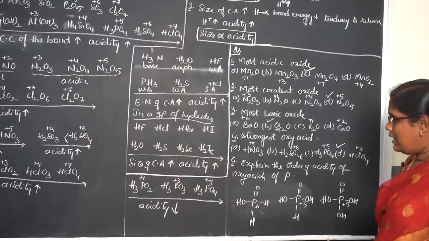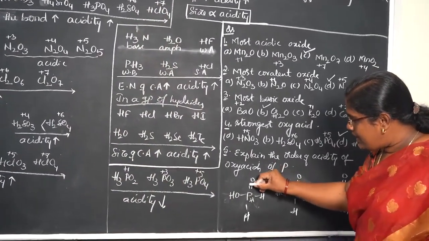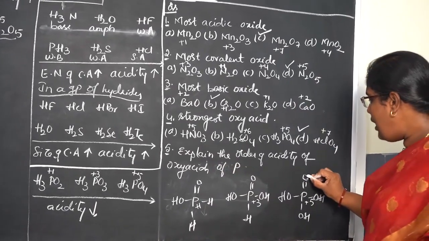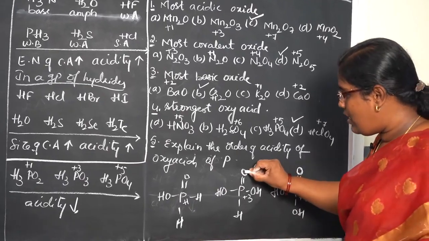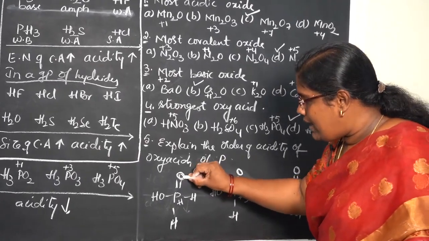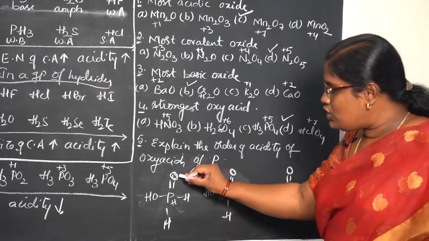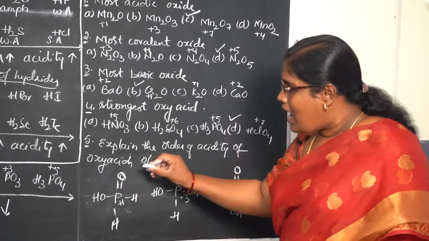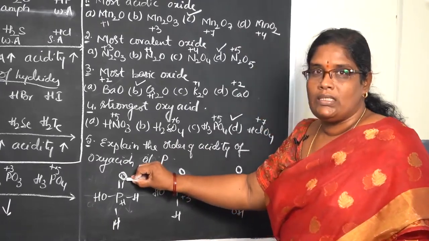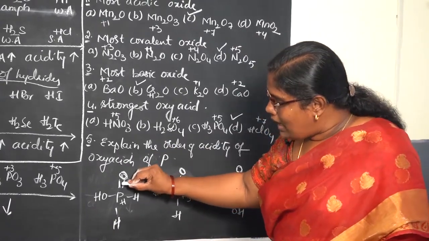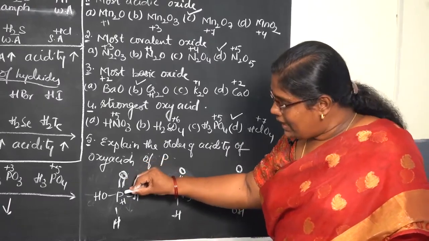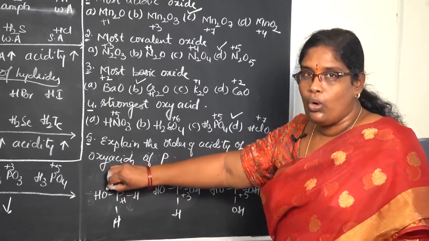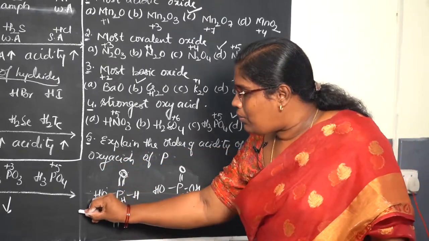The entire acidity is decided by the unprotonated oxygen, which is not in the form of an OH group. This unprotonated oxygen, being a strong electron withdrawing group, will make phosphorus polarize the OH group so that hydrogen can come out as H+.